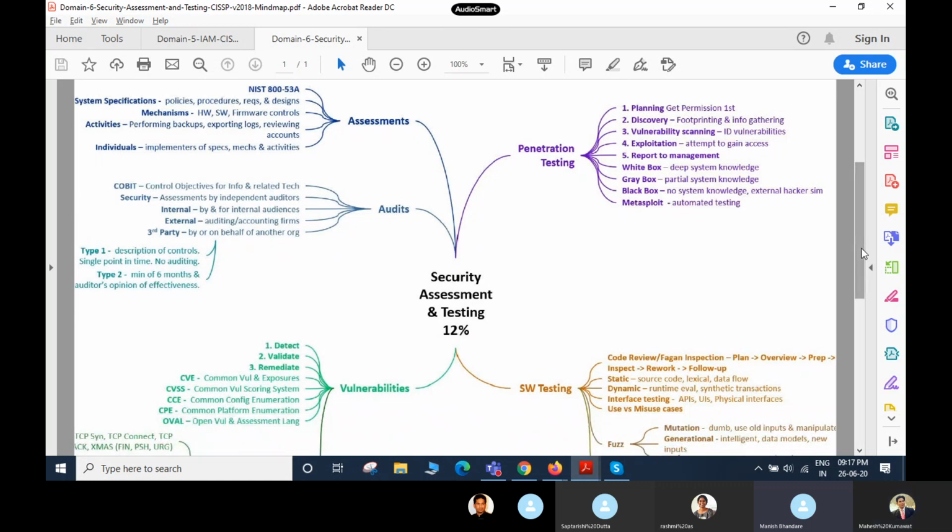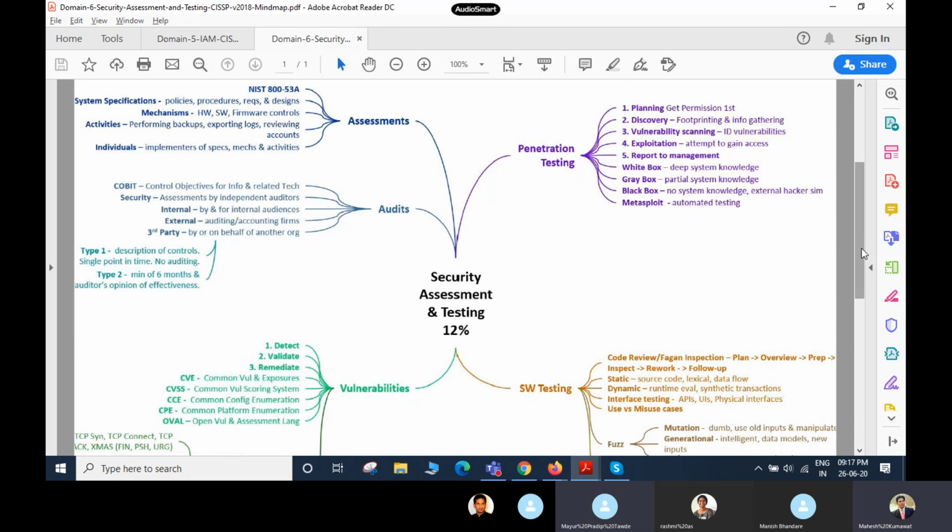Okay. Suppose you are IT professionals, you know everything. Then why is auditing required from a third party? Any answers you would like to share with me? Hello. Yes, please go ahead. Yes, sir.